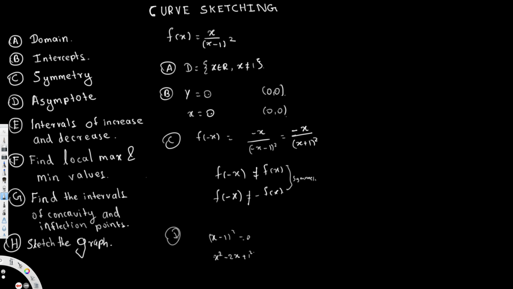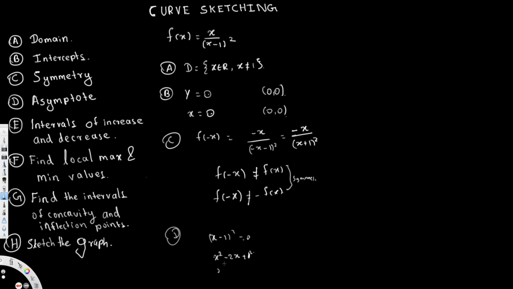Then if I expand this one, I can factor it. So let's see what we get. When I multiply, I have to get plus 1. When I add, I have to get negative 2.